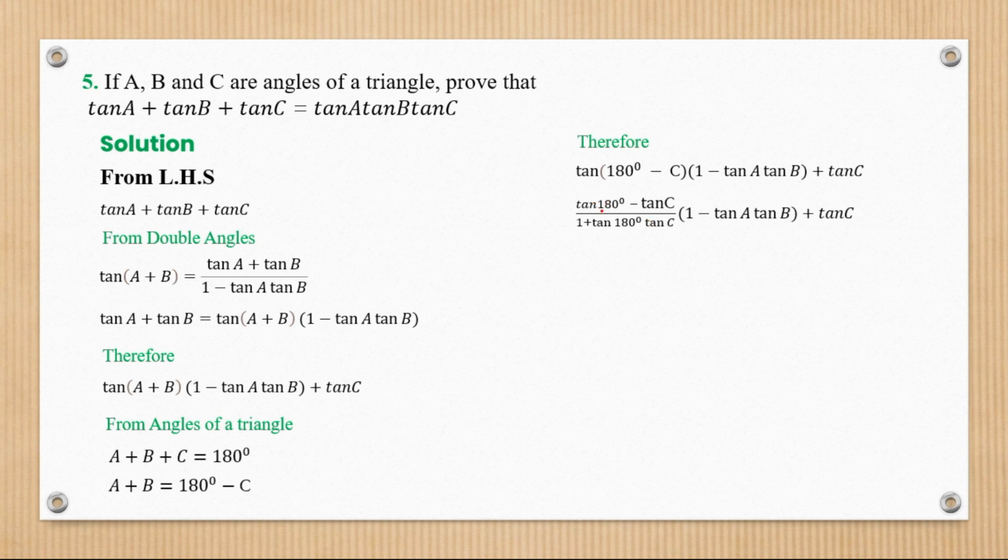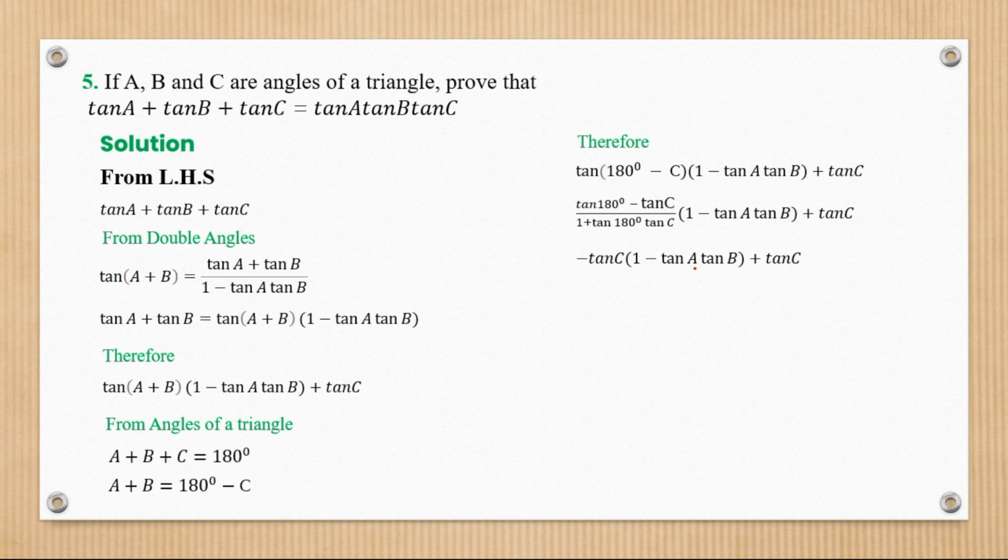But when we press on our calculator, we know tan of 180 is 0. So we can already see that 0 times tan C is 0, and 0 plus 1 is 1. So we have 1 on the denominator. Then at the top we have 0 minus tan C.